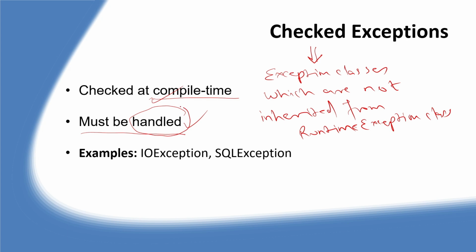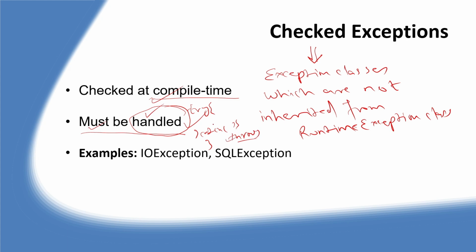What do we mean by handled? Handled means we will use a try catch block. We will see how it works, but as of now just understand that a checked exception must be handled, either with a try catch block or using the throws keyword.